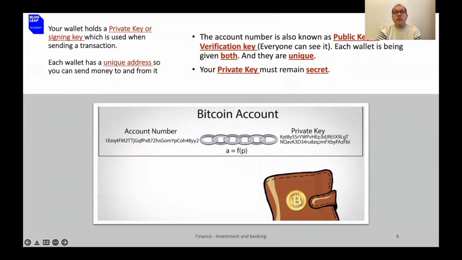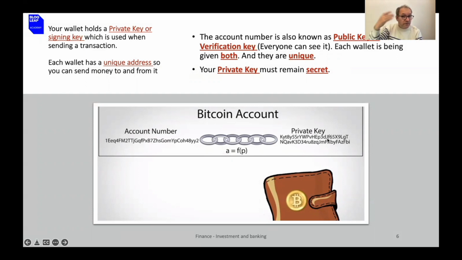Now, when you've got a crypto wallet, very important, this wallet is going to create 2 numbers. What I said before, the equivalent of your IBAN, which is the account number, like everyone can see it. If you want people to send you crypto, you are going to give this number, which is the one here on the left. And then your private key, this is the other number, is only for you, and generally it's not this string of letters and numbers.